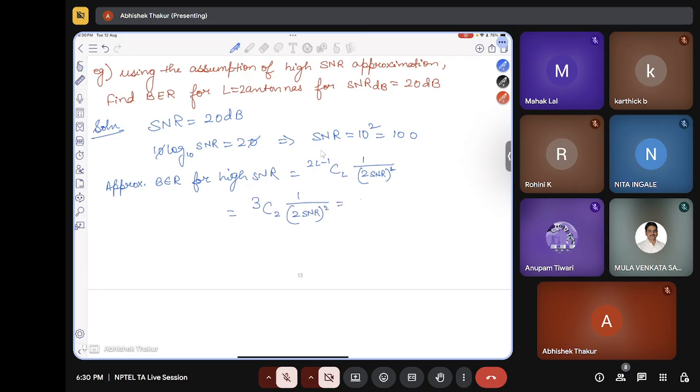It will become 3 by 4 into SNR square, that is 100 into 100. So the final answer will be 0.75 into 10 to the power of minus 4, or we can write it as 7.5 into 10 to the power of minus 5. So this is the bit error rate for L is equal to 2 antennas when SNR is given as 20 dB.